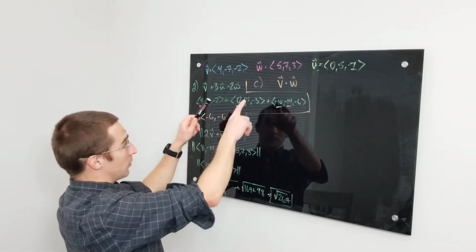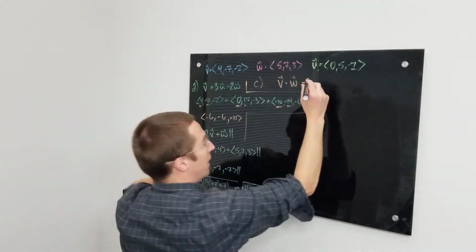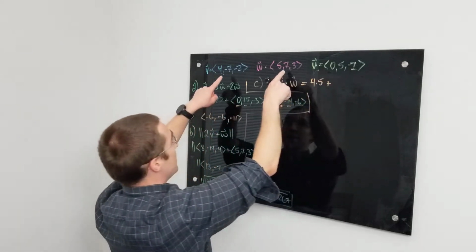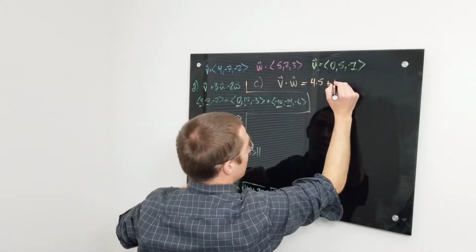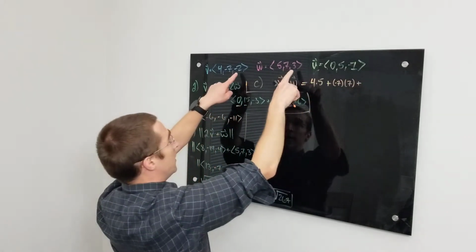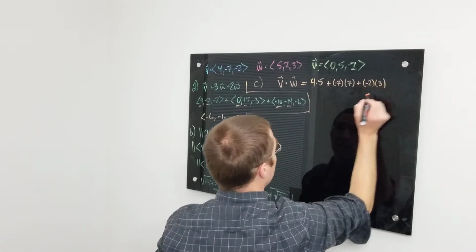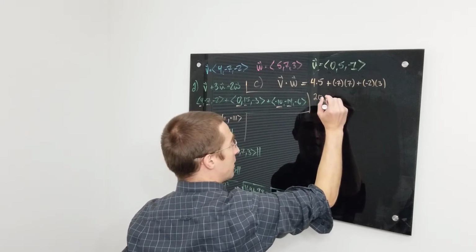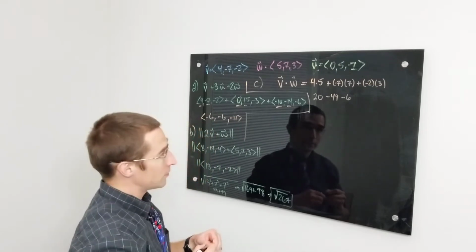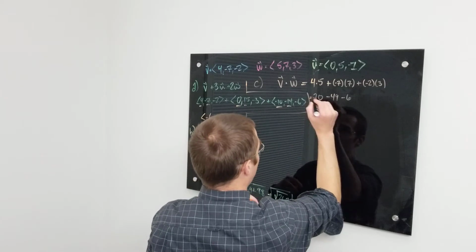So for v dot w, I'm going to go 4 times 5, the x's times the x's, plus negative 7 times 7, the y times y, plus negative 2 times 3, the z times z. So this gives me 20 minus 49 minus 6. This is negative 55, and 20 gives me negative 35.